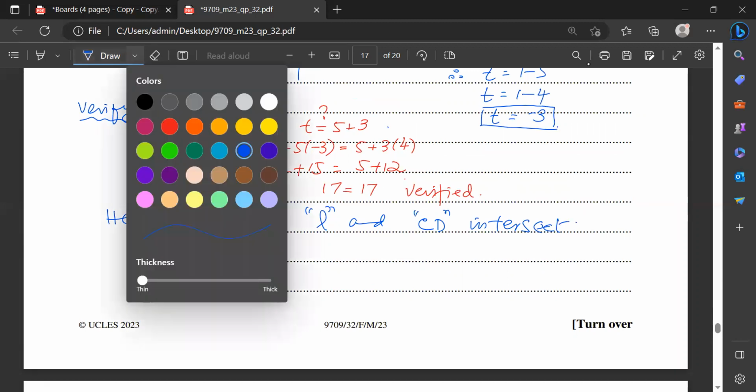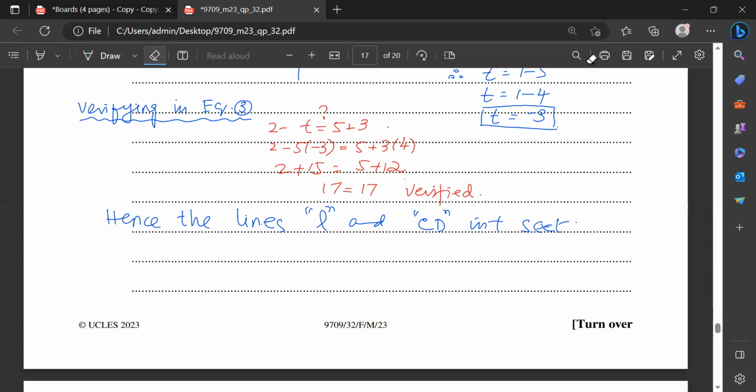Hence, the lines intersect. So, if the lines intersect, then what is the point of intersection? What is the position vector of the point of intersection?